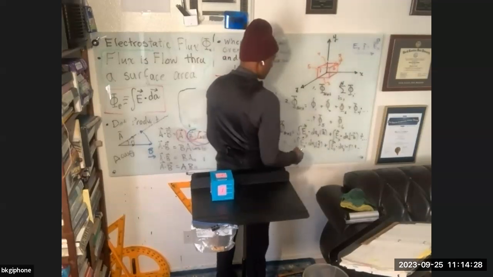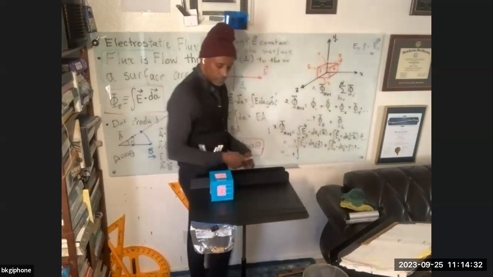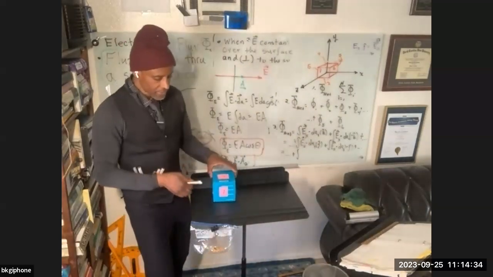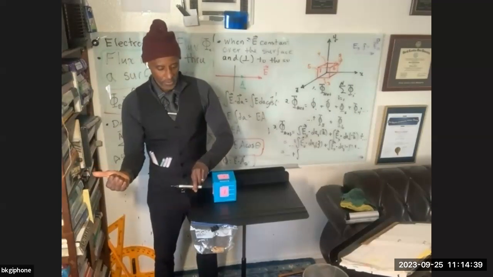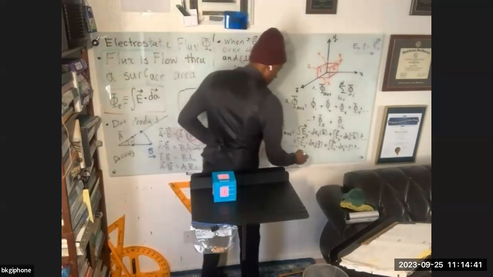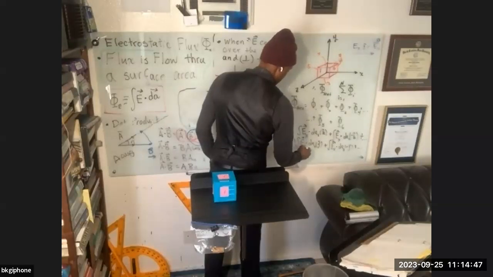Then sides 5 and 6, which are a little bit more interesting. Side 5 is this side, and it's pointing in the negative x direction. So that's going to be EX. You get some flux there. That's non-zero flux.